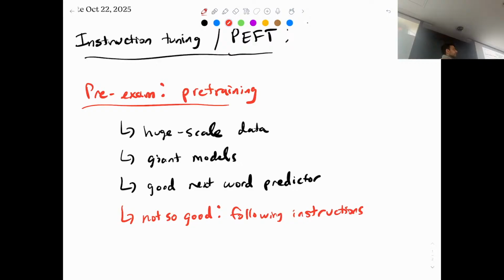That's because these models are completely optimized to be good next word predictors on this giant data set. And the giant data set doesn't really contain a lot of examples of instructions paired with the intended output of following that instruction. So that's why you have this kind of behavior of pre-trained language models. So if you just pre-train a giant model, you're not going to have ChatGPT, right?